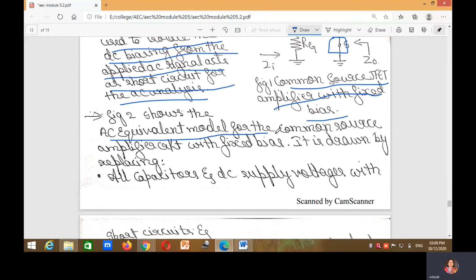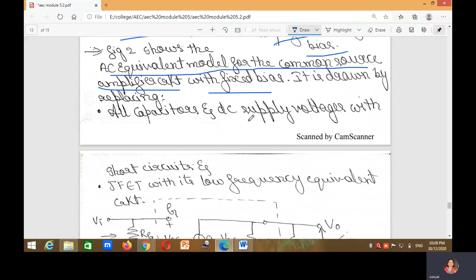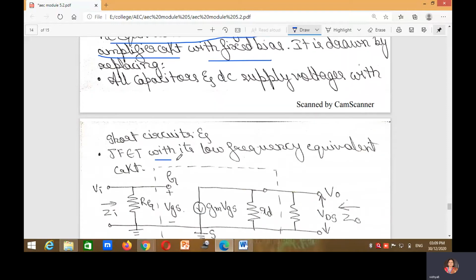This is the AC equivalent model for the common source amplifier circuit with a fixed bias. It is drawn by replacing all capacitors and DC supply voltages with a short circuit, and the JFET with its low frequency equivalent circuit.